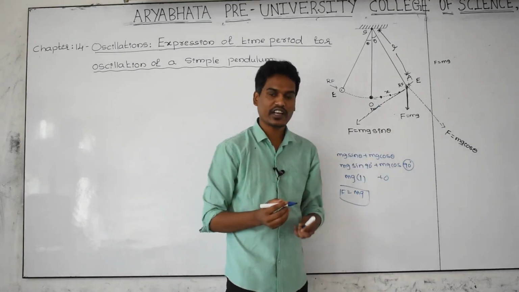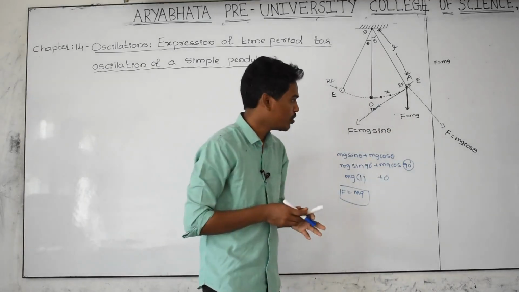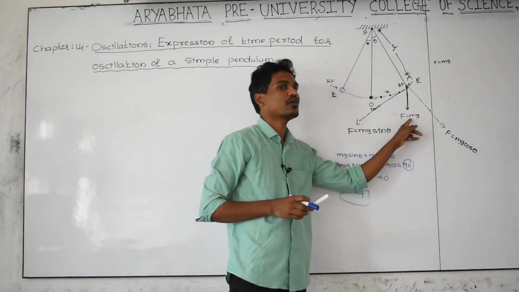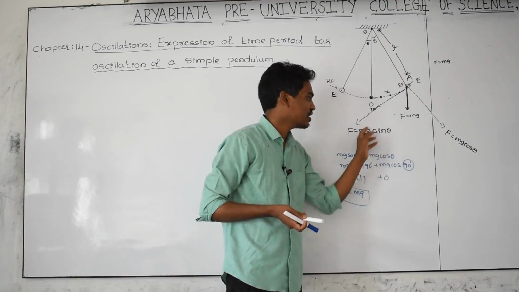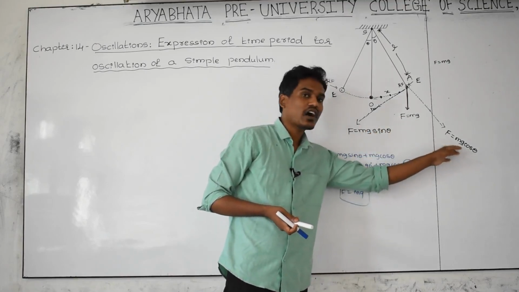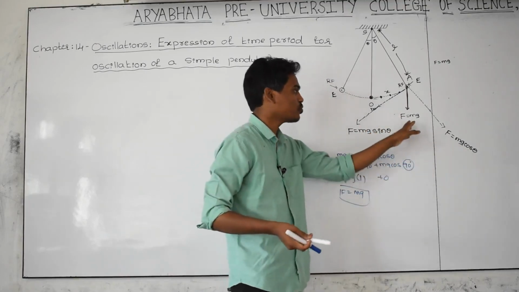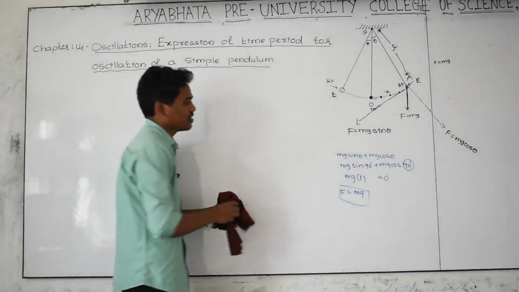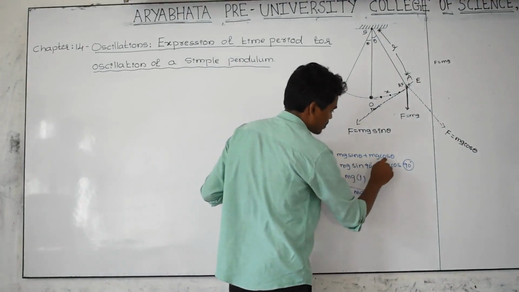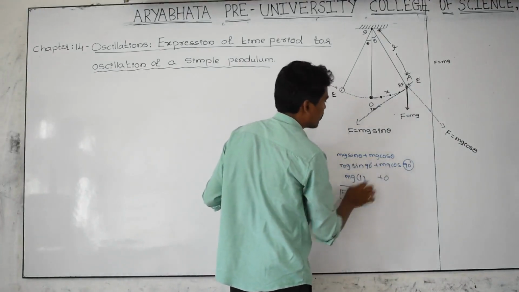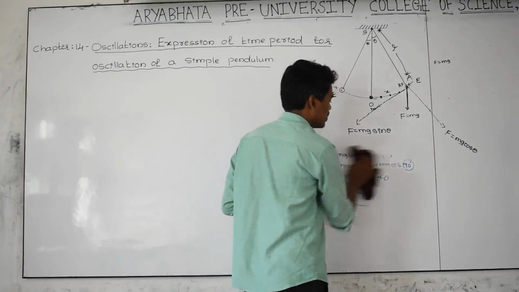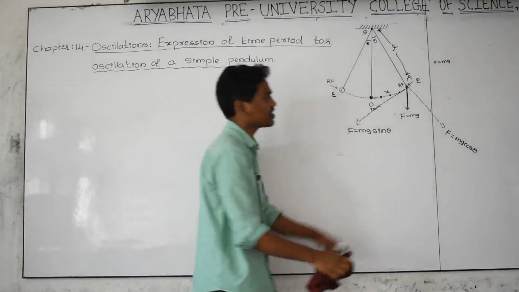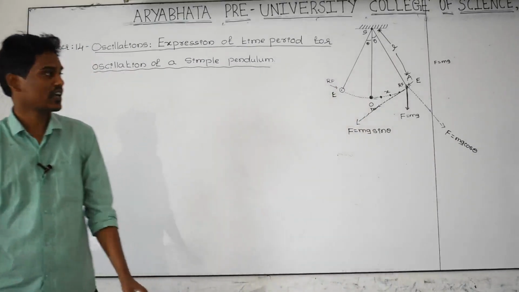F equal to mg, you are getting again. If you add mg sin theta and mg cos theta, you again get F equal to mg, because mg sin theta and mg cos theta are the split parts of this one. Therefore, mg sin theta and mg cos theta are the two components of mg in the downward direction.